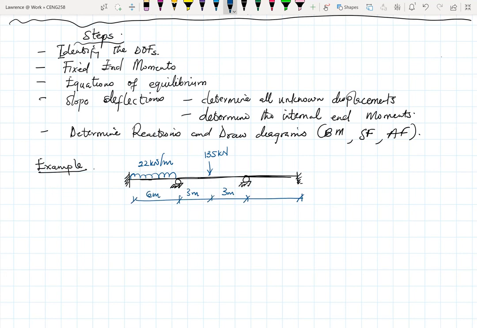Let me just wait a bit for it to show on the screens. All right, so 6 meters, 3 meters, 3 meters. Now let's say this is maybe A.